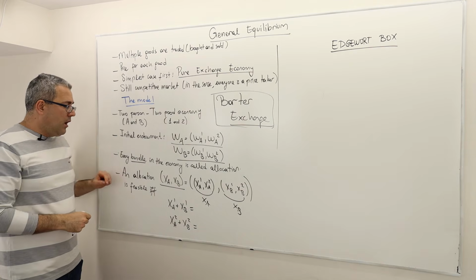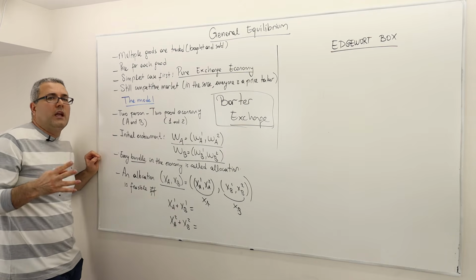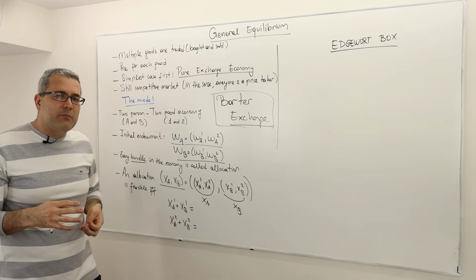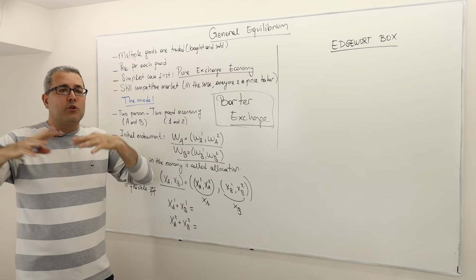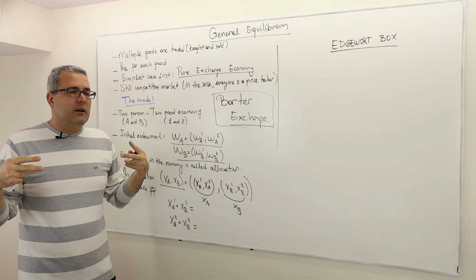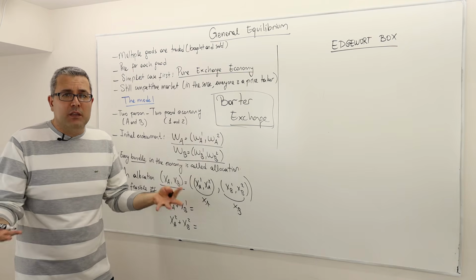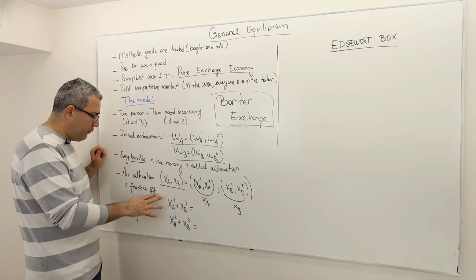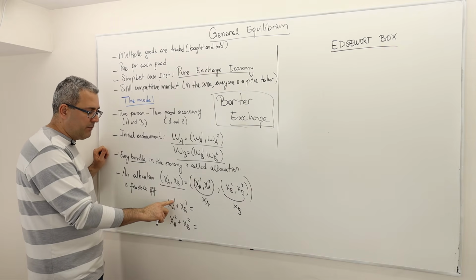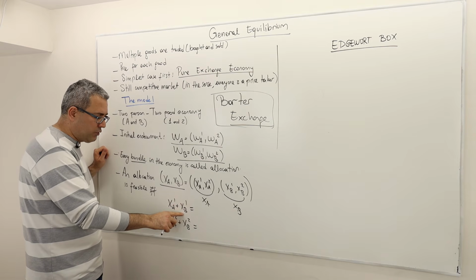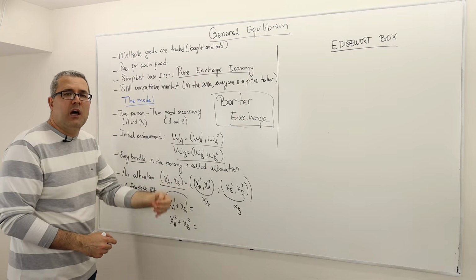Okay, so we call an allocation feasible. Not all allocations are feasible. In this market, remember, there is no production, so you cannot create new products. What you bring to this market is exactly what is available to consume in this market. Therefore, an allocation is feasible if and only if agent A's consumption of good 1 plus agent B's consumption of good 1, which is basically total demand for good 1, is equal to total supply for good 1.